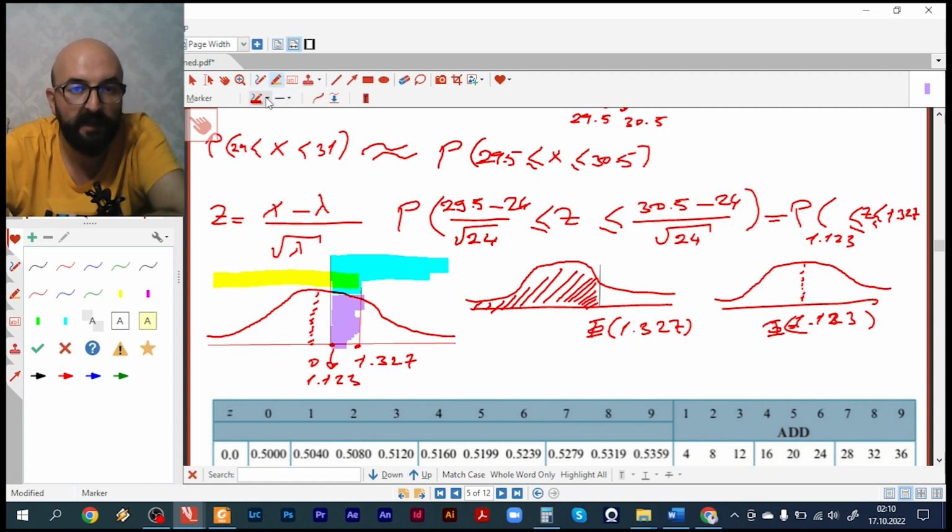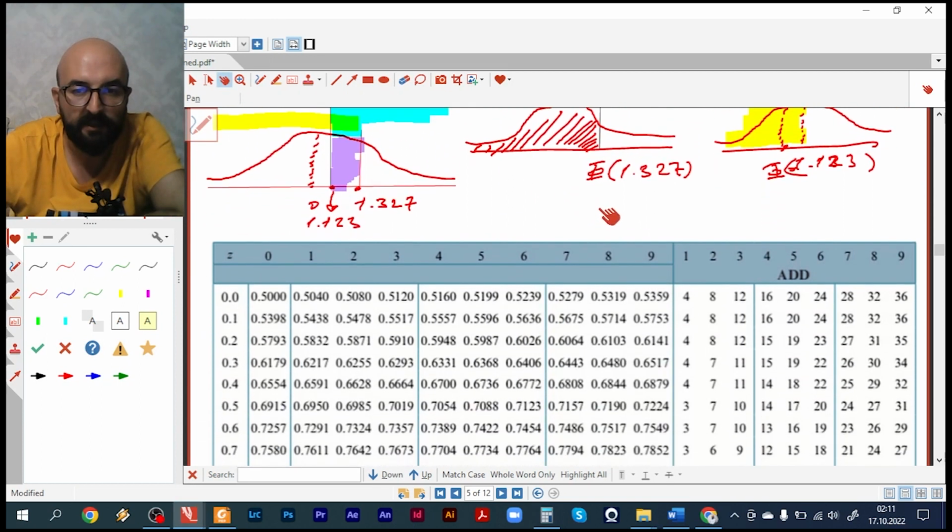The big area means that, because this is 0 and 0 is the middle of this curve. So if you look at the phi, you should find the big area.